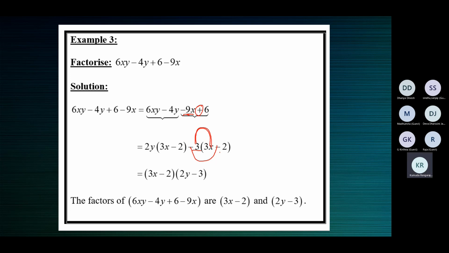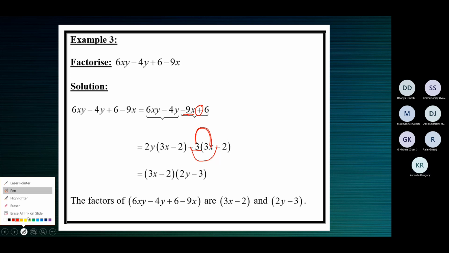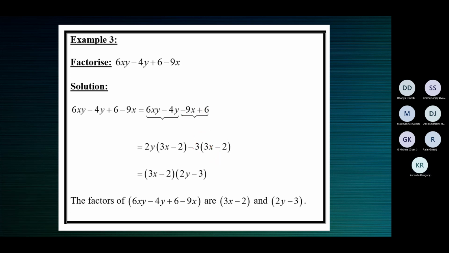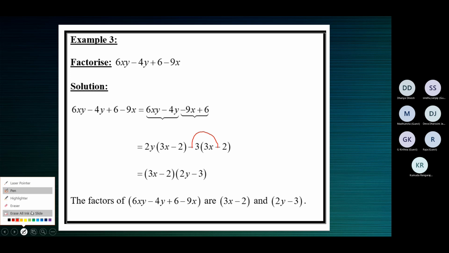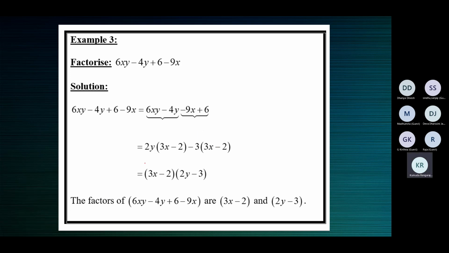You should not write this plus sign as it is. Minus into minus is plus, because minus 3 into what will give you plus 6? Minus 3 into minus 2 will give you plus 6.